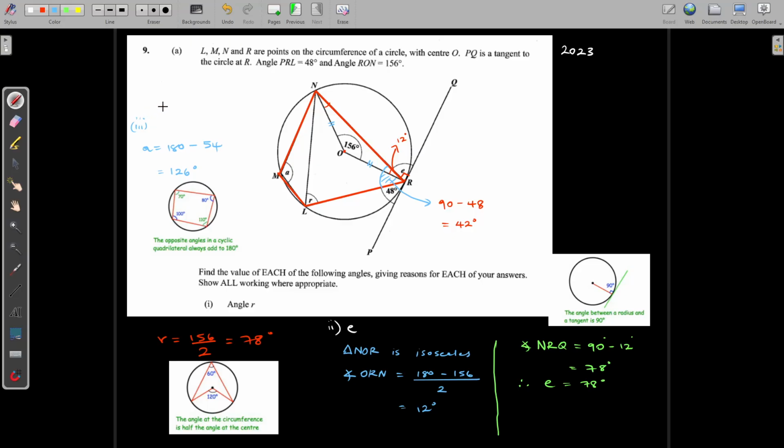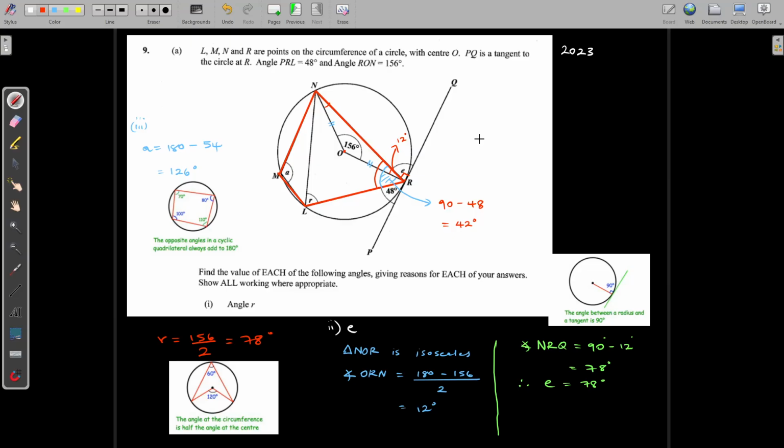Any questions on this? Can you show me how you got the 54 again, please? Alright, so the 54 covers this entire angle over here.